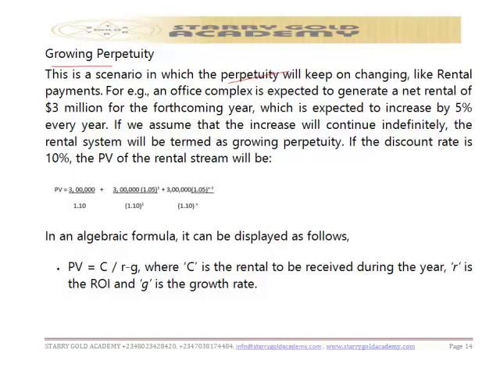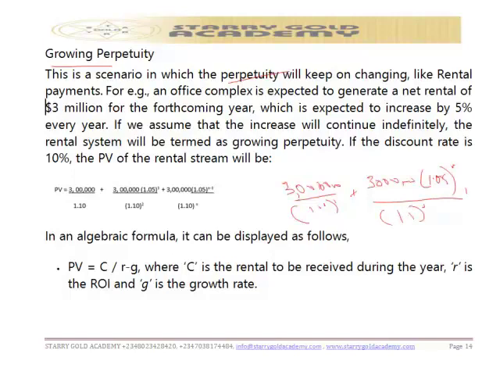It will be this. For the first year, 3 million all over 1 plus the growth rate to power 1, plus another 3 million, which is expected to grow by 5%, all over 1.1 raised to power 2.